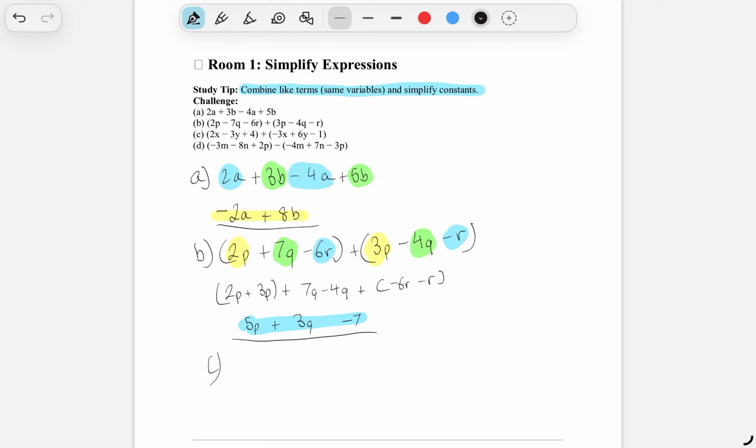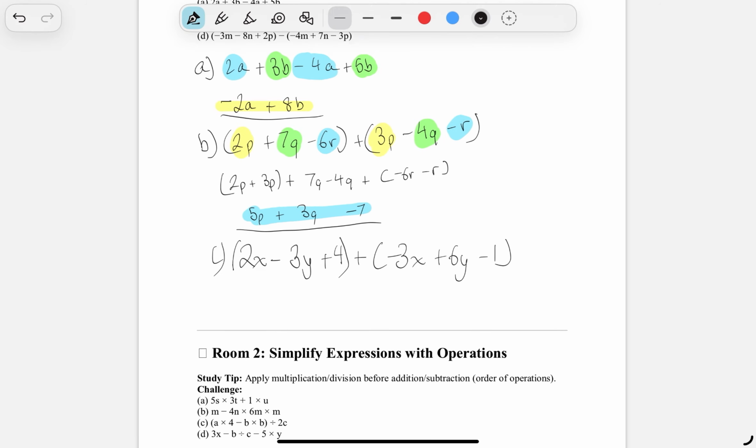Now C, we have 2x minus 3y plus 4, and it's also in brackets, plus negative 3x plus 6y minus 1.